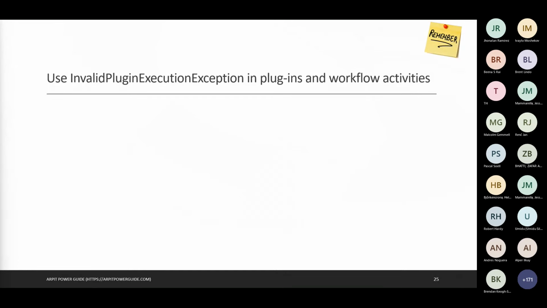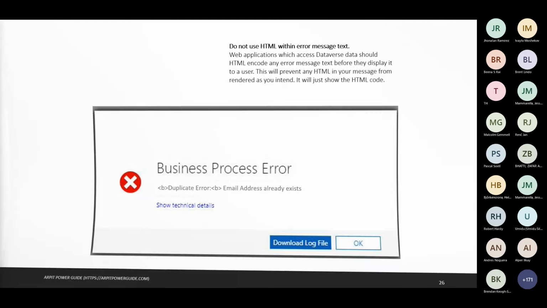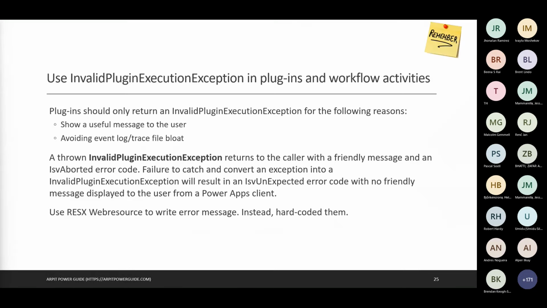Use InvalidPluginExecutionException in your plugin and workflow activities. I think you already know that InvalidPluginExecutionException is used to throw the error message, but sometimes you want to show some kind of HTML content in that. So don't do it, because InvalidPluginExecutionException doesn't render any sort of HTML.